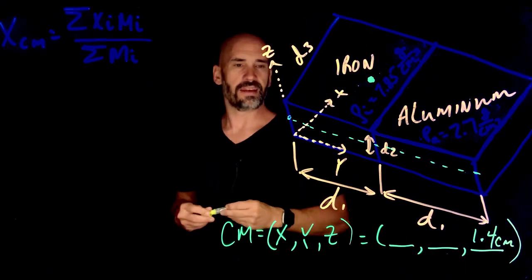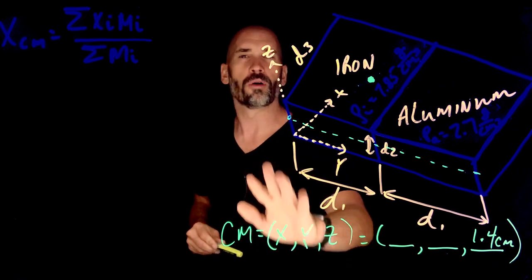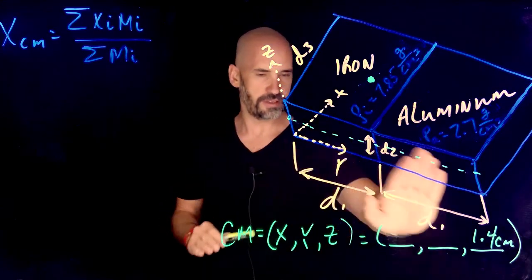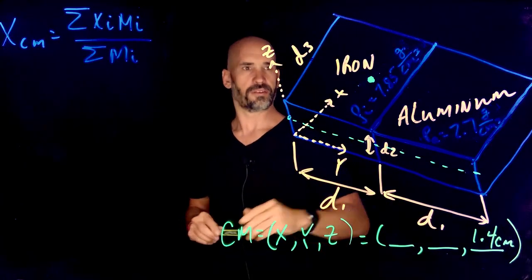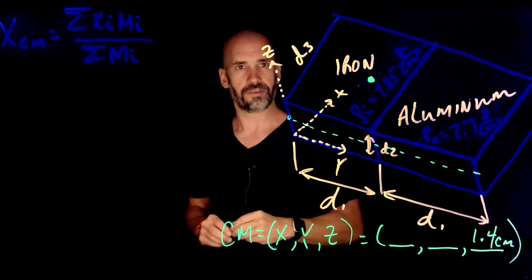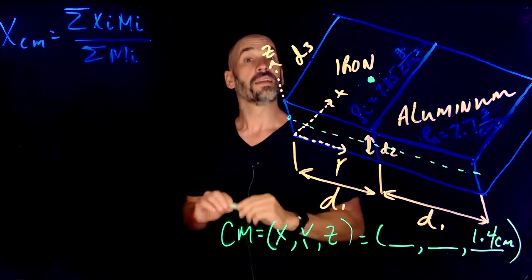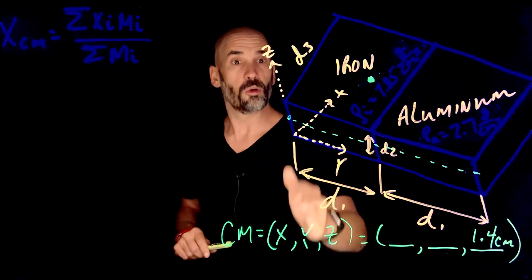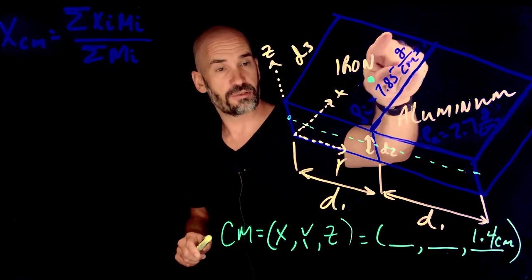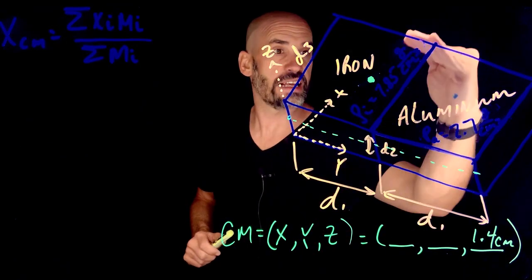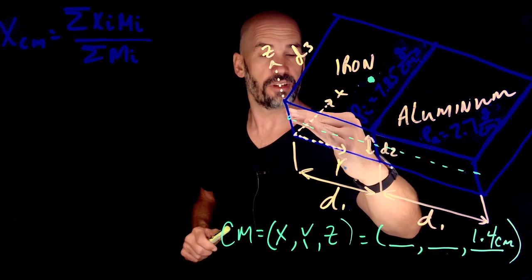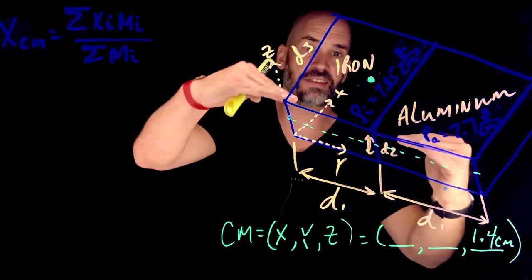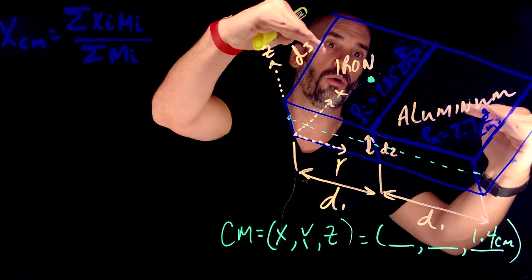Because we're just finding a coordinate, we don't have to worry about SI units. We can have it be in centimeters if we want, as long as we make sure our density is also in centimeters. Now, same thing with X. If this is the X direction right here, there's no change in density here. It's the same amount of iron and aluminum the whole way down.